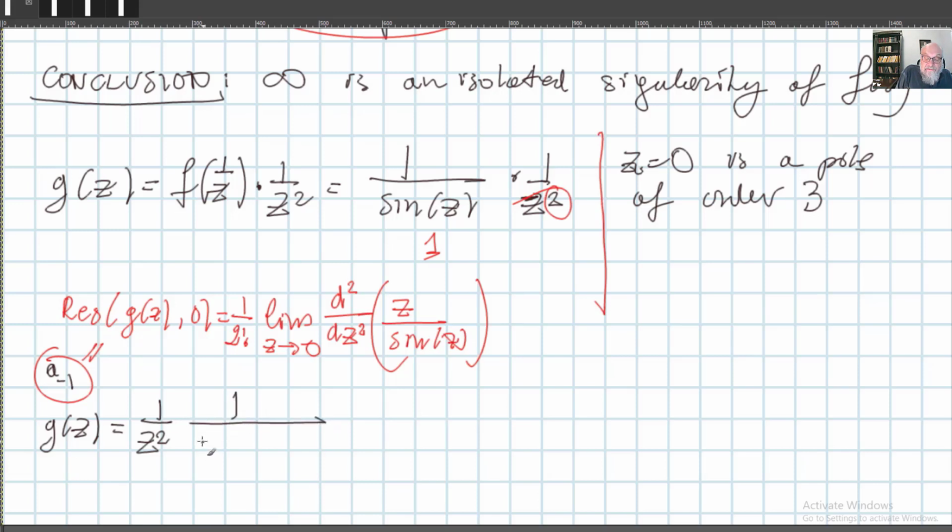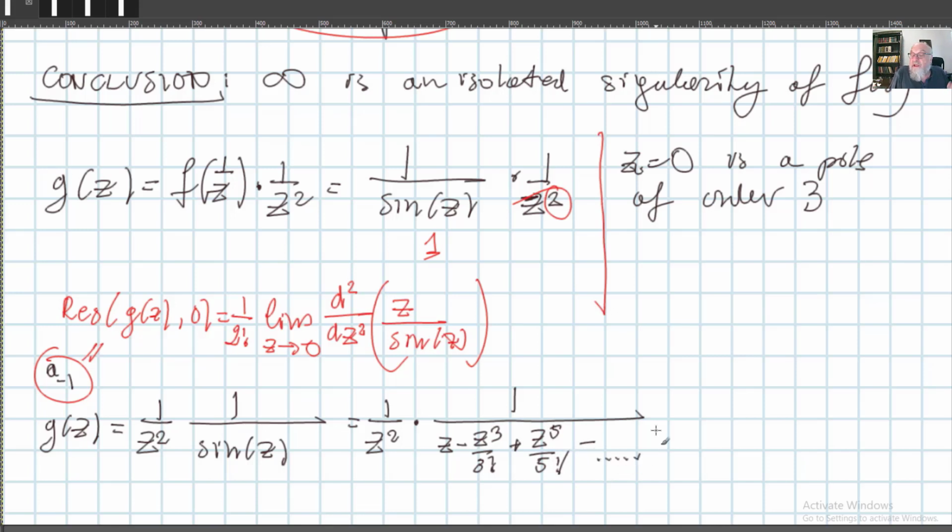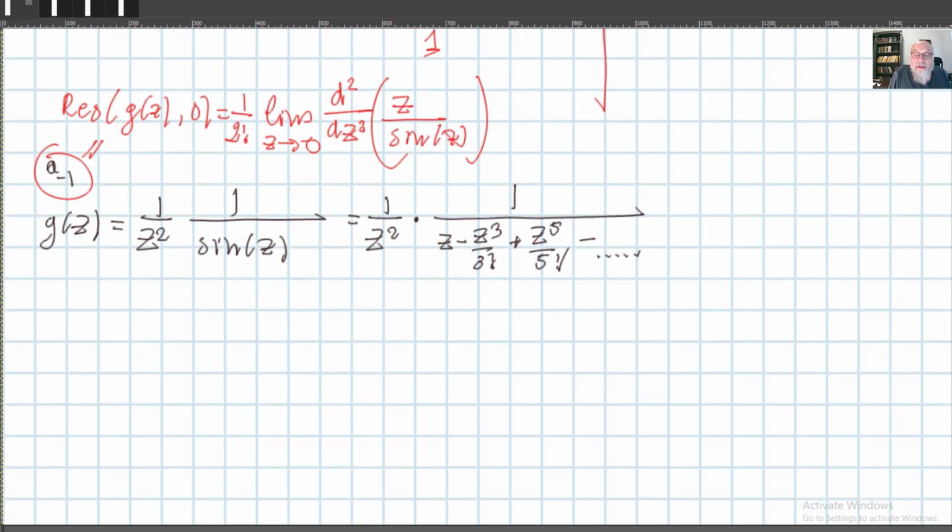I have 1 divided by sine of z. And now I will write down the power series expansion of sine. It starts with z, then z cubed divided by 3 factorial, plus z to the fifth divided by 5 factorial, minus and so on. I don't really care about the higher degrees.